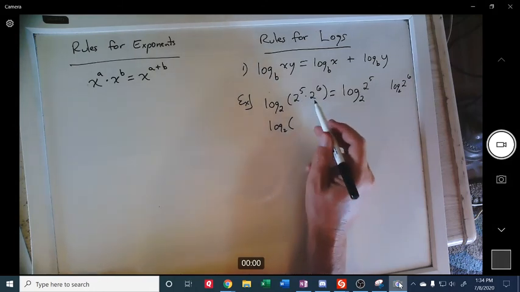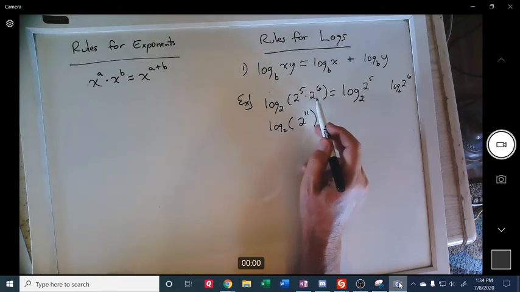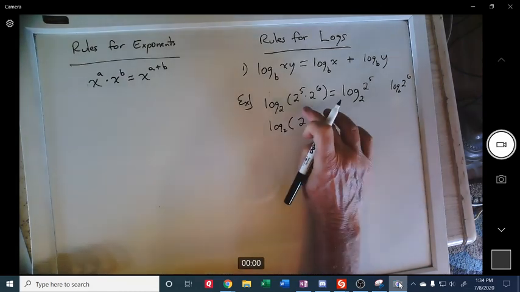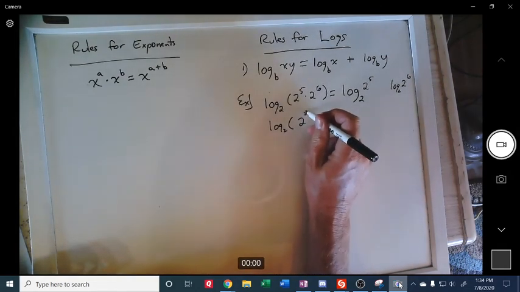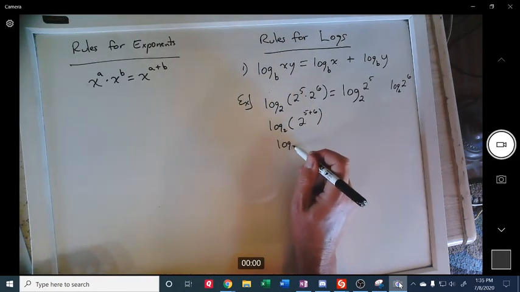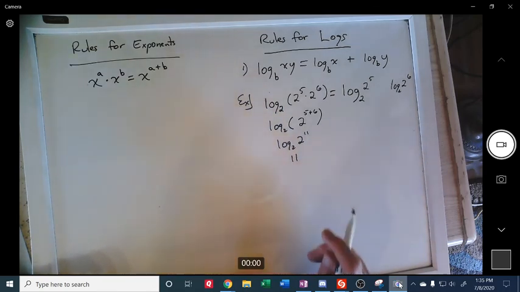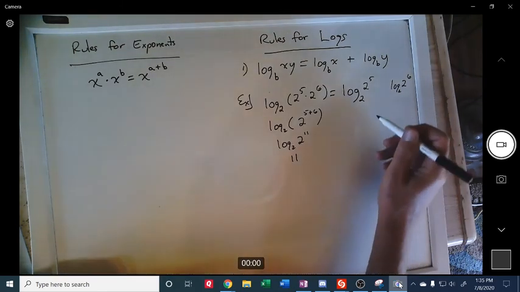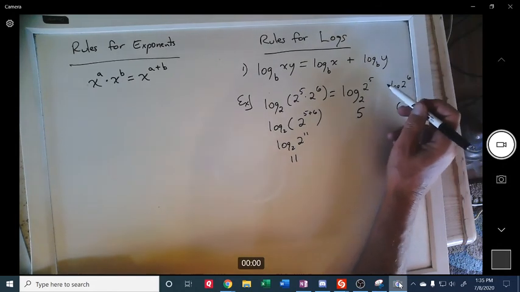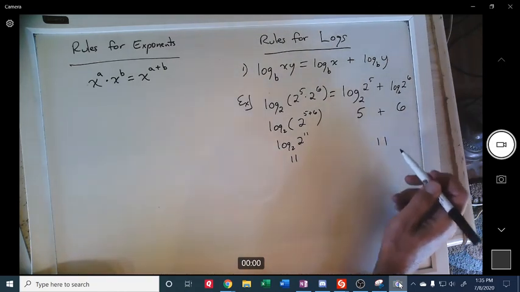If I combine these two together, this is the same as 2 to the 11th power, because visualize 5 2's, visualize 6 2's, there's 11 2's, there's 2 to the 11th. What we really had to do was add these two together when we put them like this. And that's how we get the 11th, and then this becomes 11. This is 5, this is 6, so it must have been the case that that was added, so that this is all in agreement.